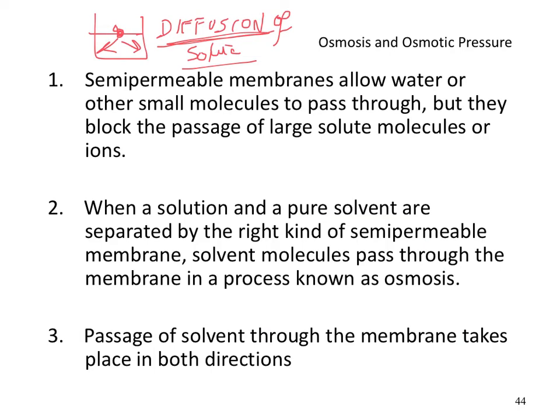So if you have a solution and a pure solvent which are separated with the right size of the semi-permeable membrane, only the solvent molecules are going to pass from the region of lower concentration of solute to a region of higher concentration, because of course there is a gradient, and so we use the word osmosis to define this process. Now, till what time does this passage keep on going? This keeps on going till the time that equilibrium has been established.